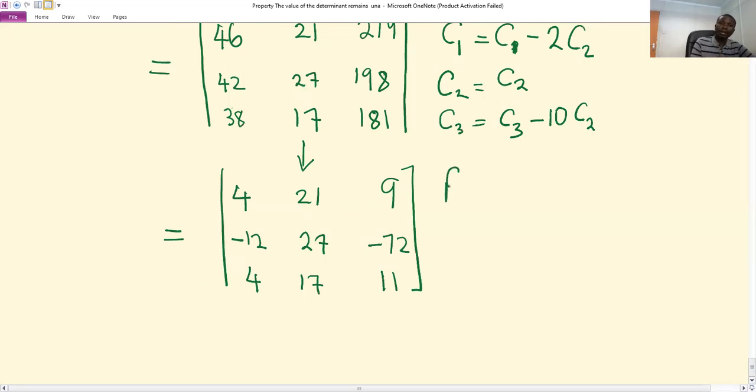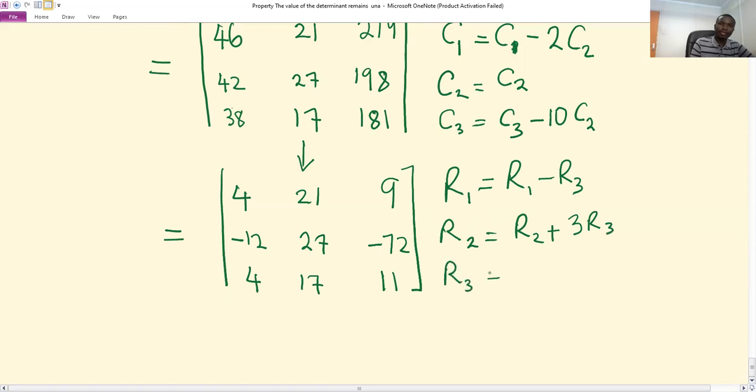So I can say now, next one, I say row 1 to be row 1 minus row 3, and then row 2 to be row 2 plus 3 row 3, and then row 3 to be row 3.